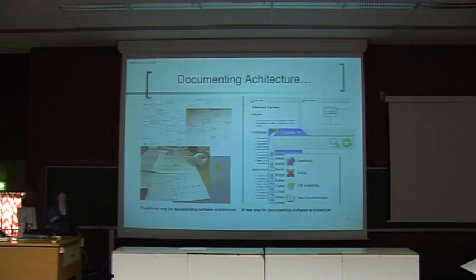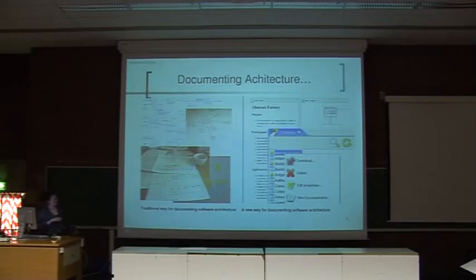In open source communities, it's actually a little bit better, because if architectural decisions are discussed in the forums, then these design rationales are available later. What we suggest is over there.